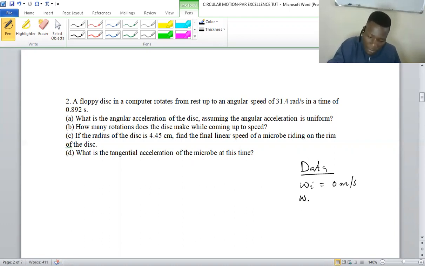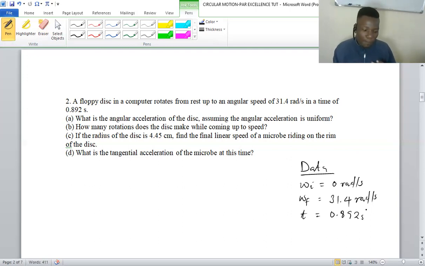And then we have the final angular speed, which is 31.4 rad per second. And the time we have is 0.892 seconds. This is the time that it took for this disk to attain that angular speed of 31.4 starting from rest.